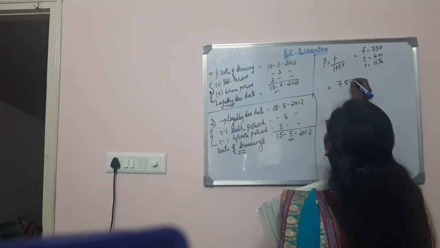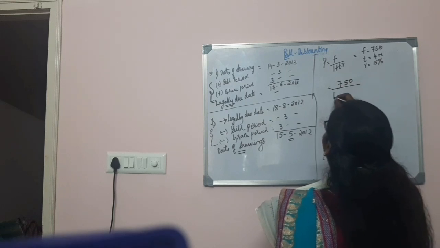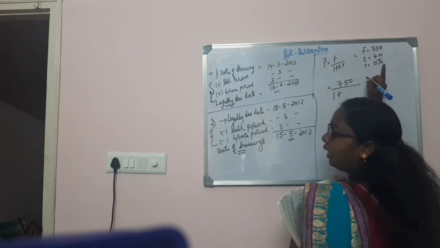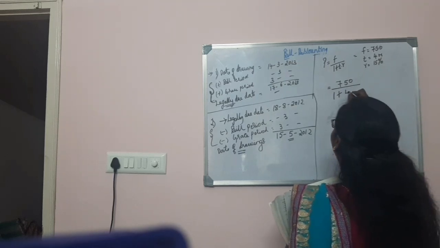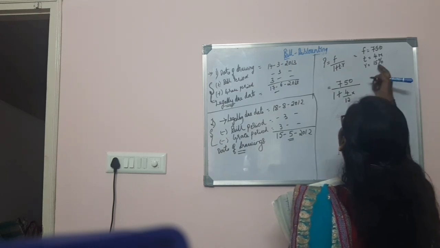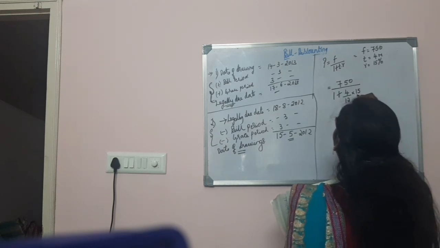750 divided by 1 plus time, which is 4 months. We will calculate for 1 year. So 4 divided by 12 into 15 divided by 100.